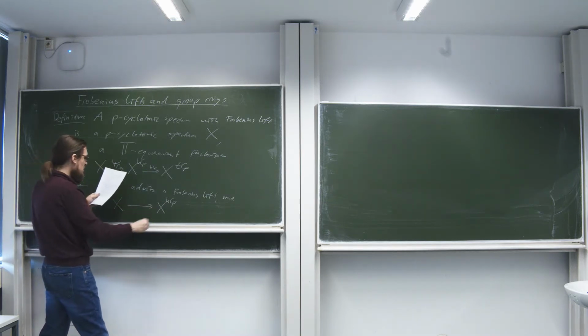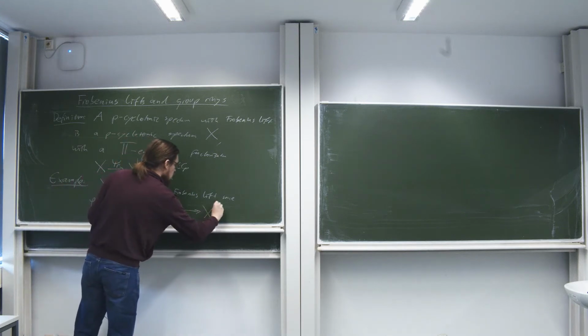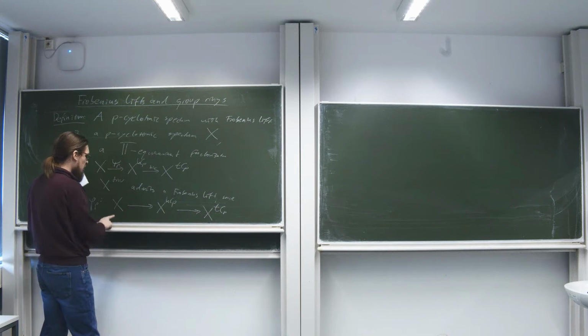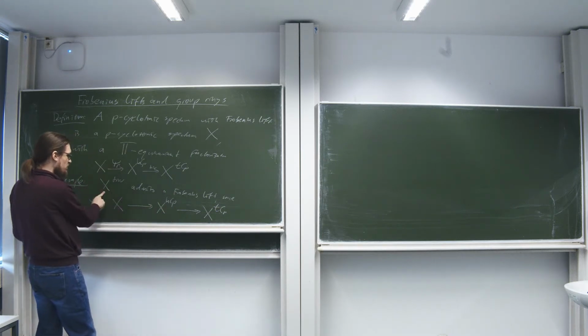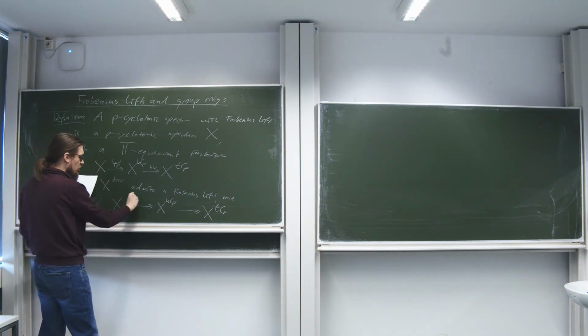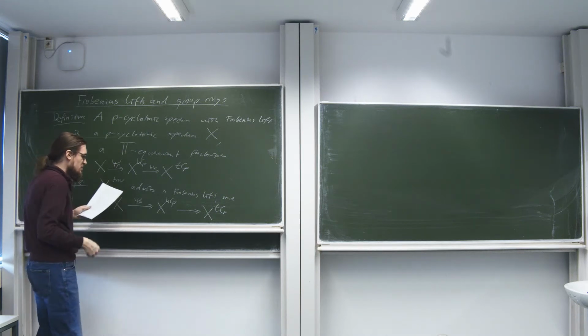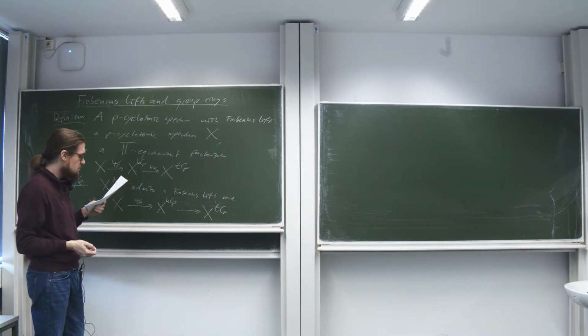There's always a map like this. And here we continue with the canonical map. This was the definition of the cyclotomic Frobenius for this X triv cyclotomic structure. And so this map here would be our psi p in that case.